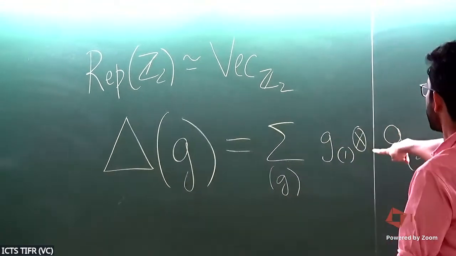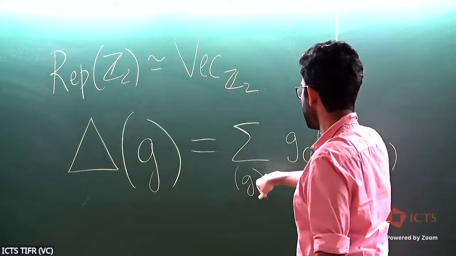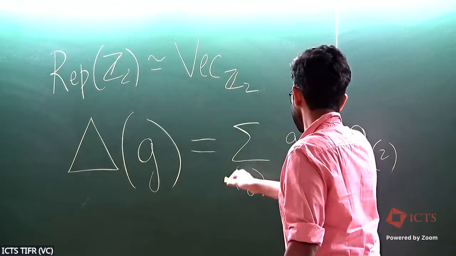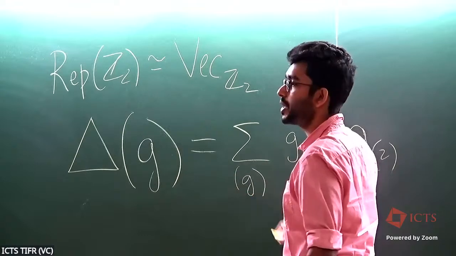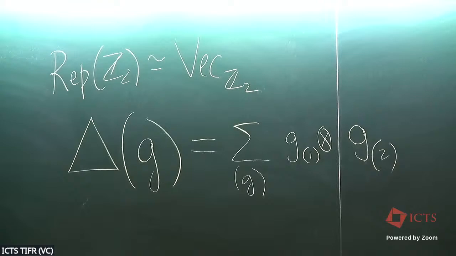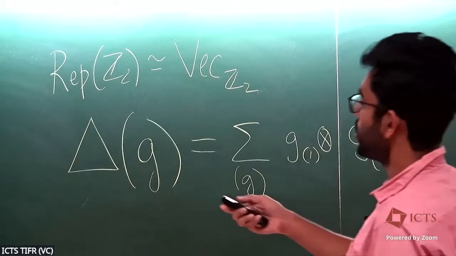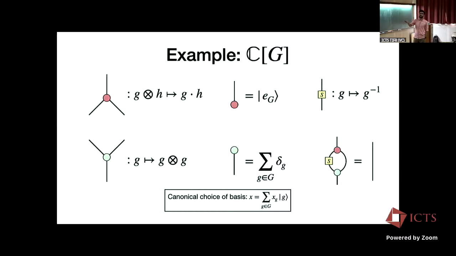I get two things, and I get a linear combination. But in general, the number of elements over which I'm summing is not fixed. This is known as Sweedler notation, which is reminiscent of index contraction. So more generally, you'll have a sum of different things here, not just a G tensor G.